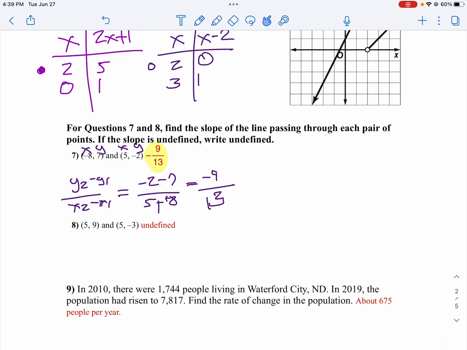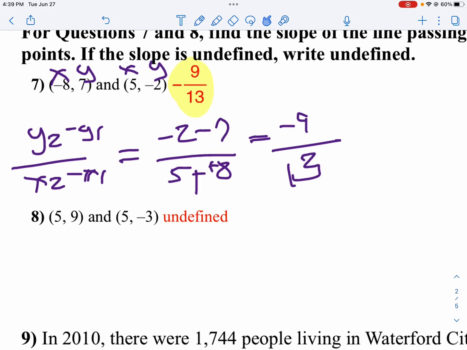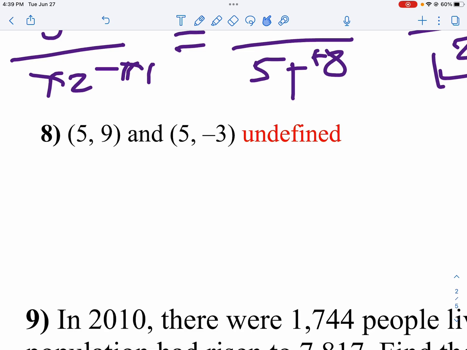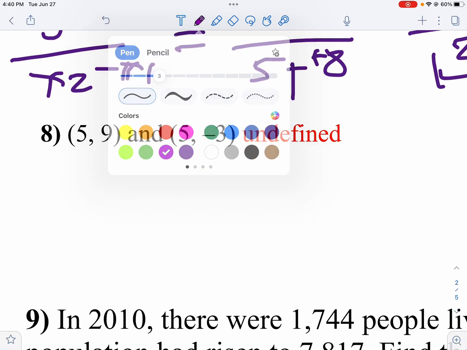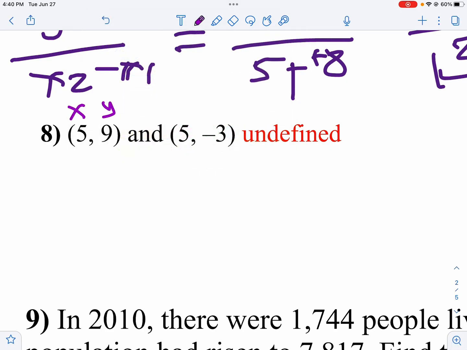We do the same thing on question number 8. We'll blow this up a little bit. And so we go x, y, x, y. So we're going to go negative 3 minus 9 all over 5 minus 5.